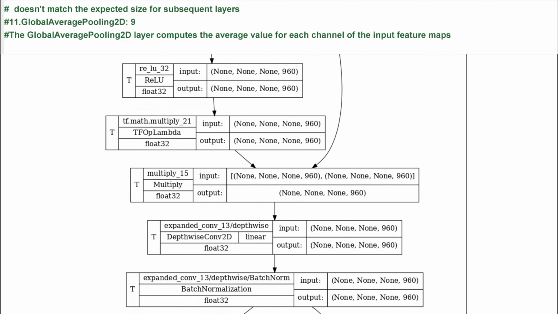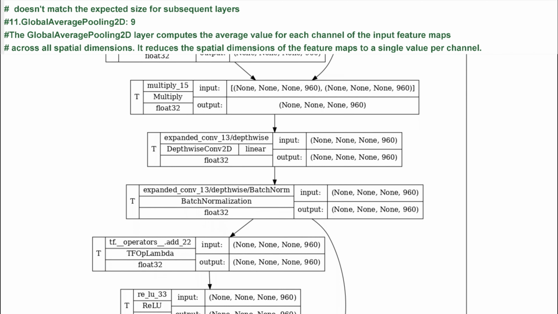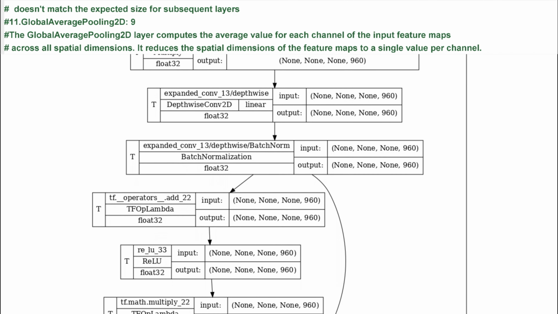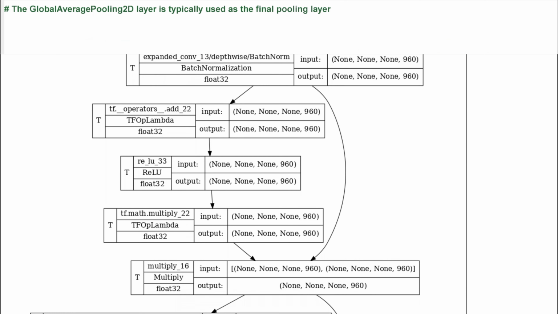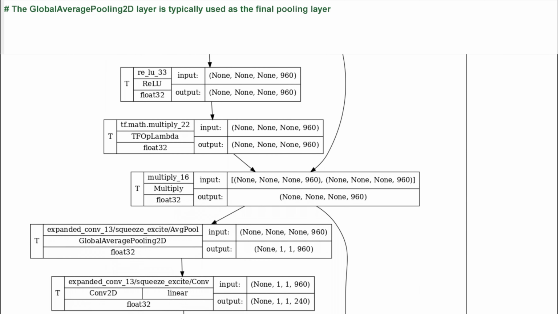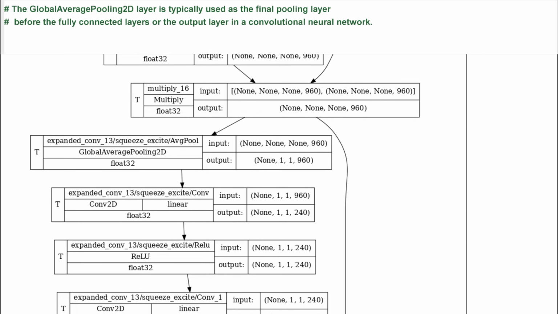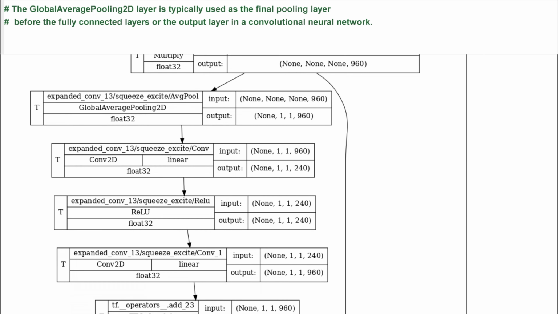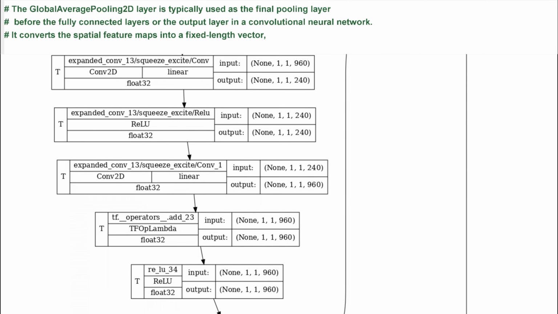11. Global average pooling 2D, 9. The global average pooling 2D layer computes the average value for each channel of the input feature maps across all spatial dimensions. It reduces the spatial dimensions of the feature maps to a single value per channel. The global average pooling 2D layer is typically used as the final pooling layer before the fully connected layers or the output layer in a convolutional neural network.